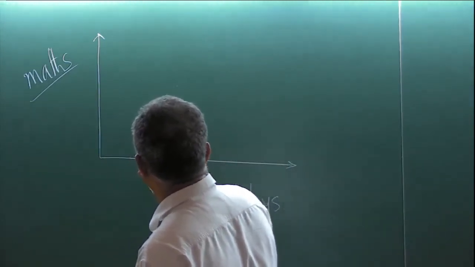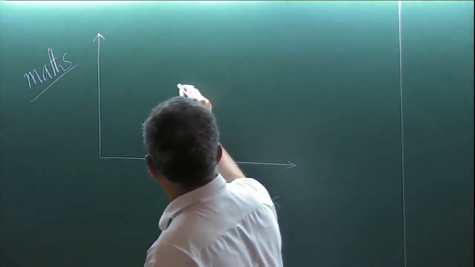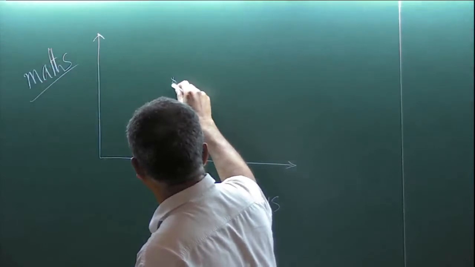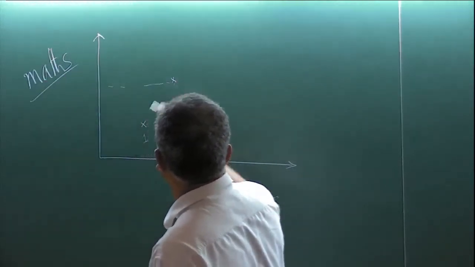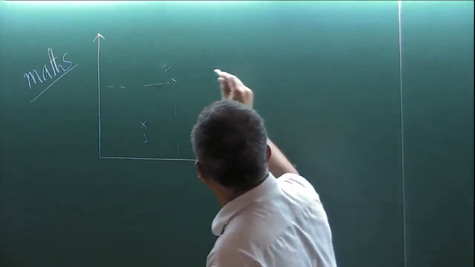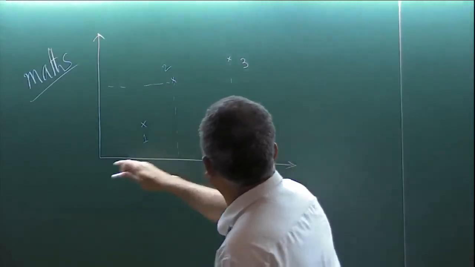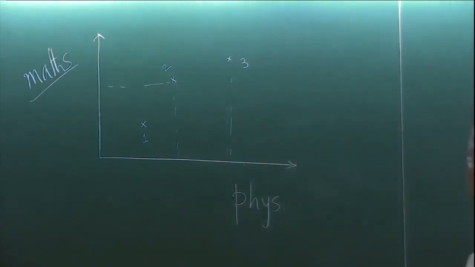So this x coordinate is the physics score, and y coordinate is the math score. This is, let's say, student number 2, physics score, math score. This is number 2, and maybe number 3 is here. Okay, again, physics and math scores. So this scatter plot gives you 3 points like this.